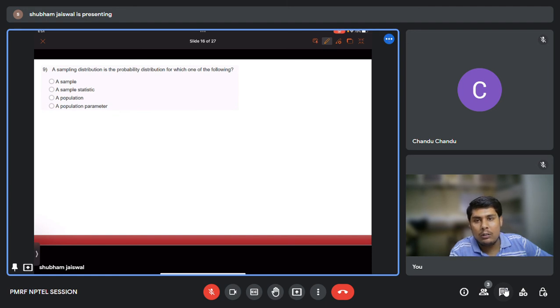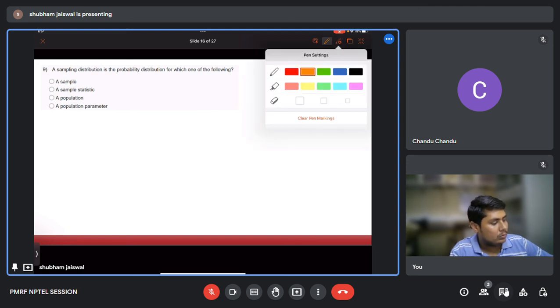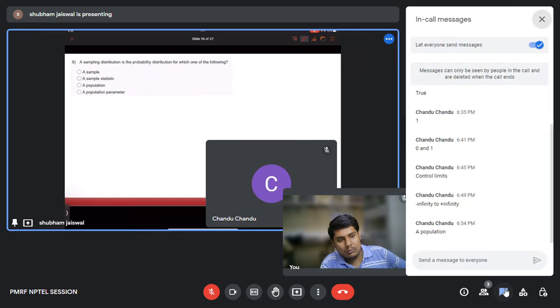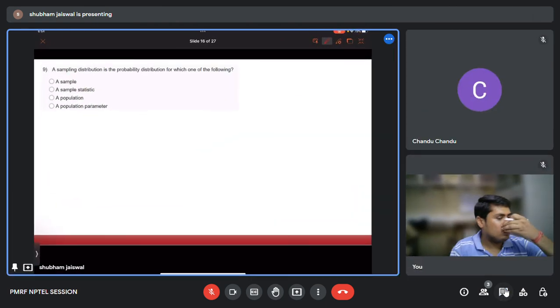In a probability distribution, we calculate the probability for the given sample statistic by considering a population.